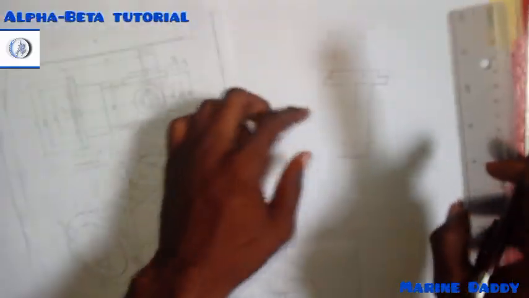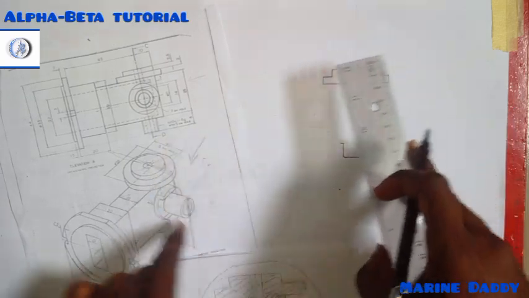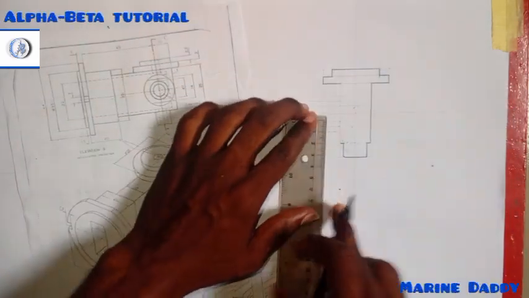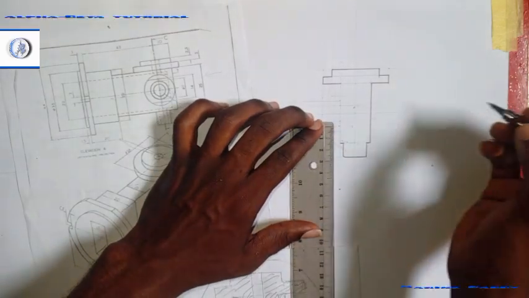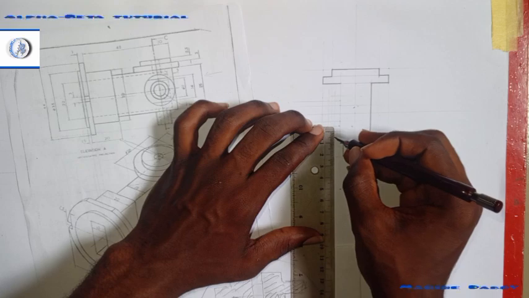So from this center, downwards, they told us that that side is also 2.5. So I'm using 5.